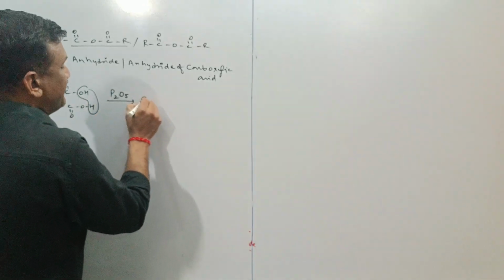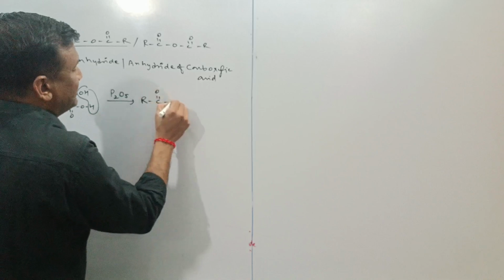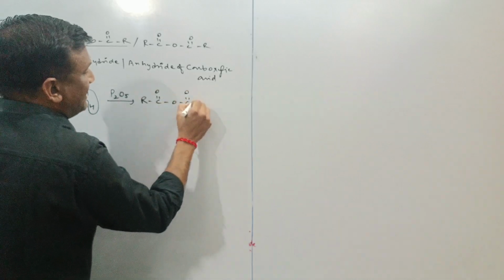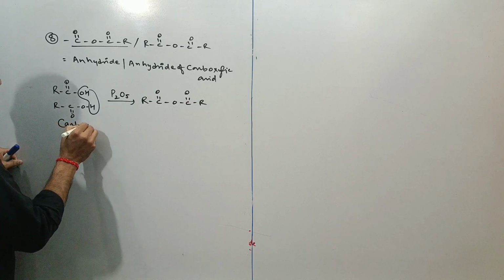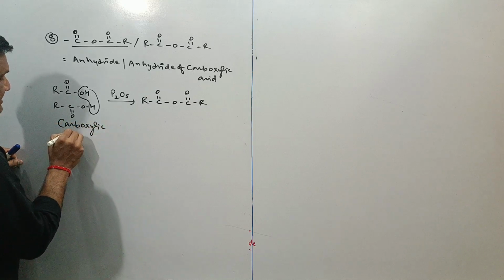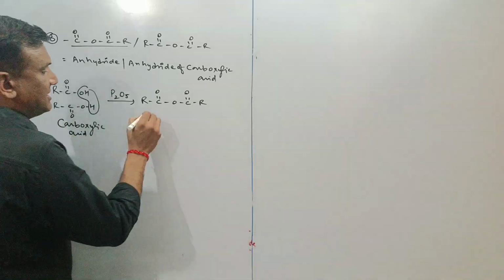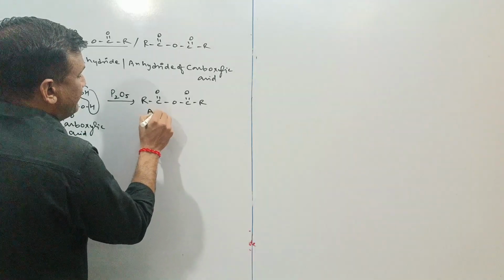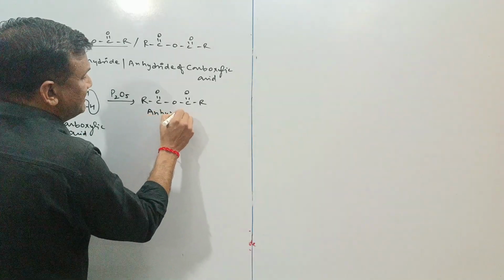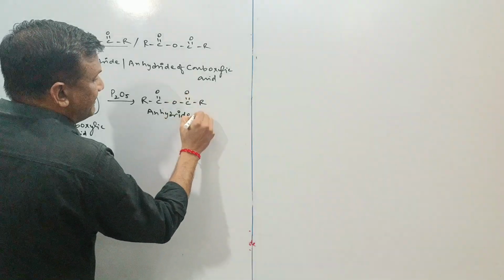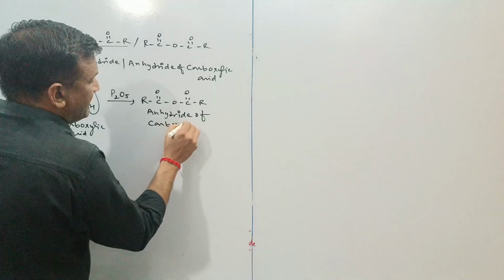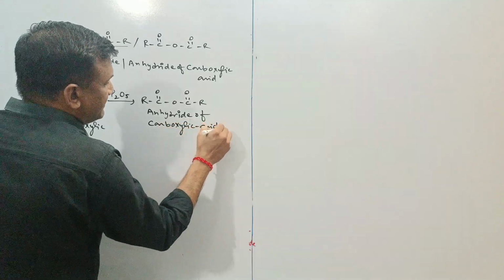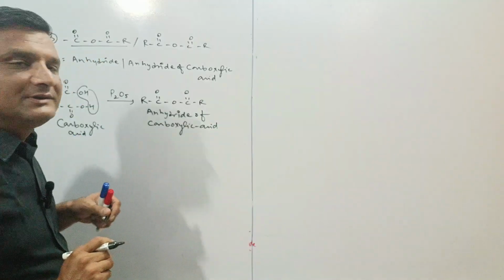That's why the molecules formed are known as anhydrides of carboxylic acid. This is the carboxylic acid, and this is the anhydride of carboxylic acid, or simple anhydride of carboxylic acid. This was about just the name.